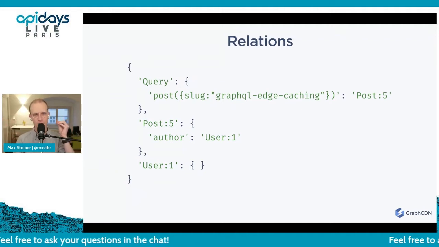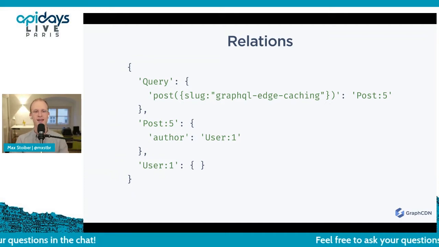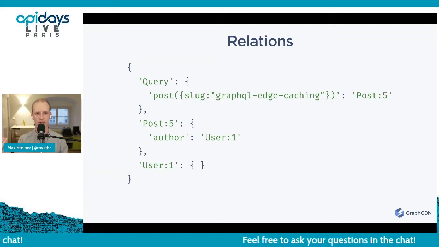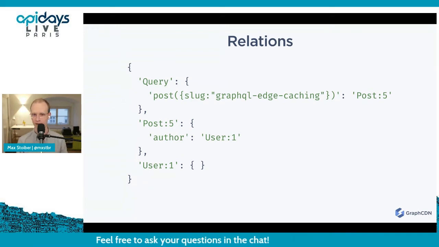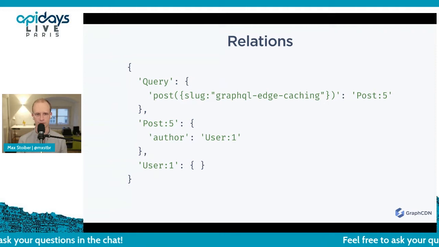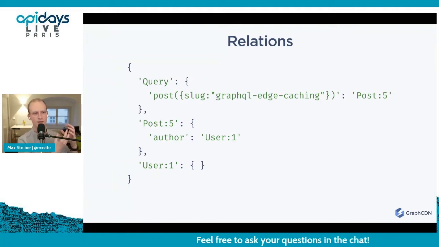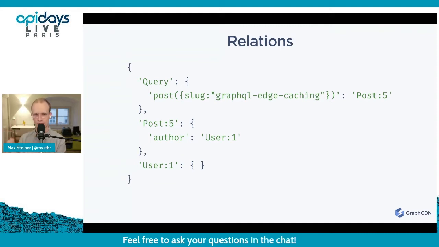If we're fetching the author of the post with the ID 5, that corresponds to the user with the ID 1. Those are the relations we have. And then, of course, you have the user with the ID 1, but that doesn't have any further links, any further relations. So that is how GraphQL clients do document-level caching, and they also do normalized caching.